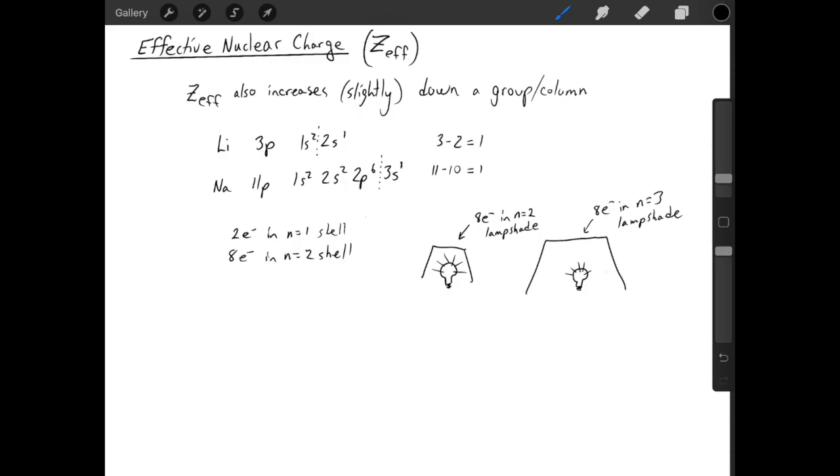And this effect is not particularly large. The valence electrons in sodium do not feel an enormously larger effective nuclear charge than those in lithium, but it is slightly larger. And the same thing would be true for potassium, which would have a slightly larger effective nuclear charge than the sodium.